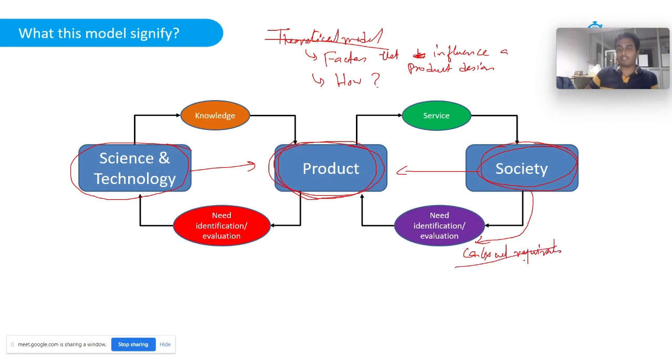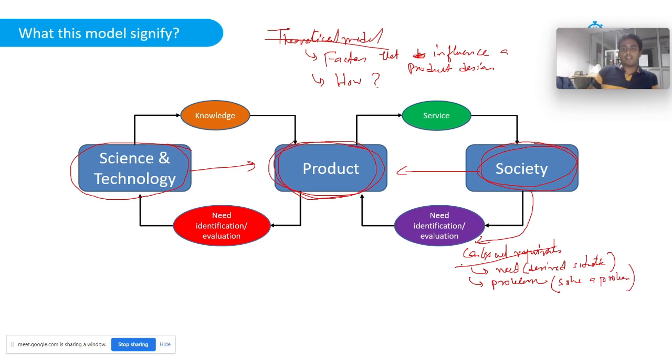Depending upon context, it can be a need. It can be a problem that you are trying to solve. A need can be just a desired situation. A need can also be to solve a problem.